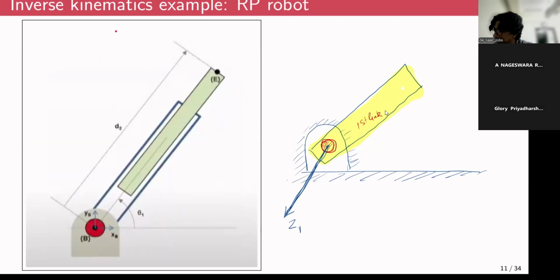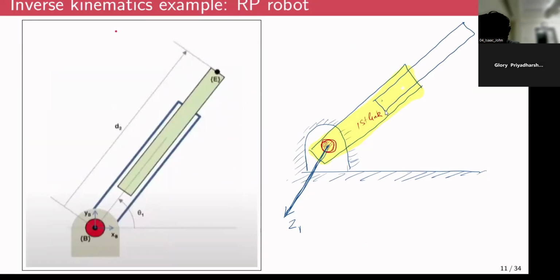And now the second link is connected to the first link using a prismatic joint. So I'll just try to depict the second link something like this, using a different color. So yeah, this would be the second link.